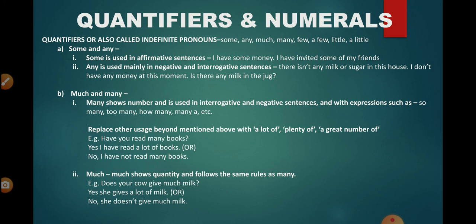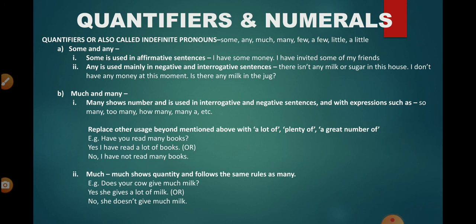Some is used in affirmative sentences, also called positive sentences. I have some money. I've invited some of my friends. Some gives the sense of an unspecified amount or unspecified number.